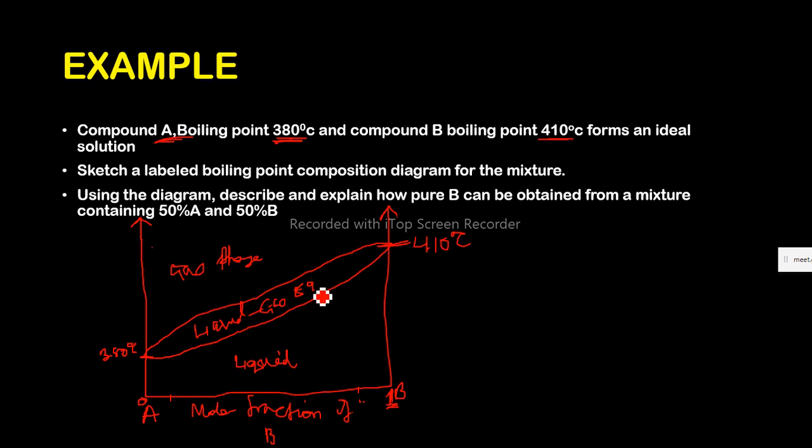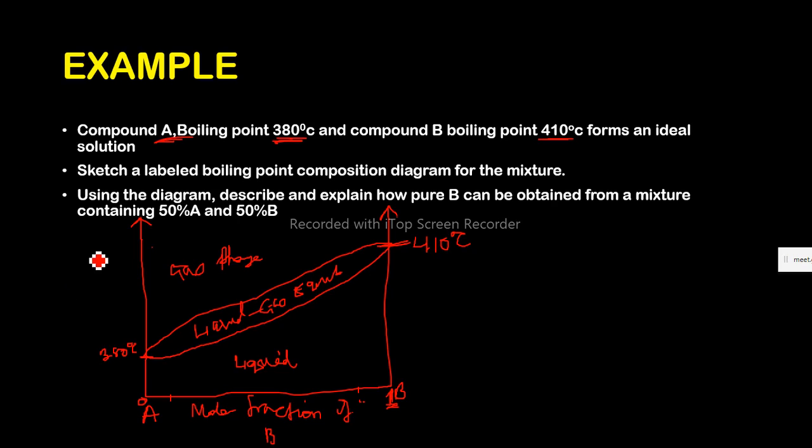So it is basically as simple as that. Now, this is our boiling point composition curve, and this is what we need. This is what the question wants from you.